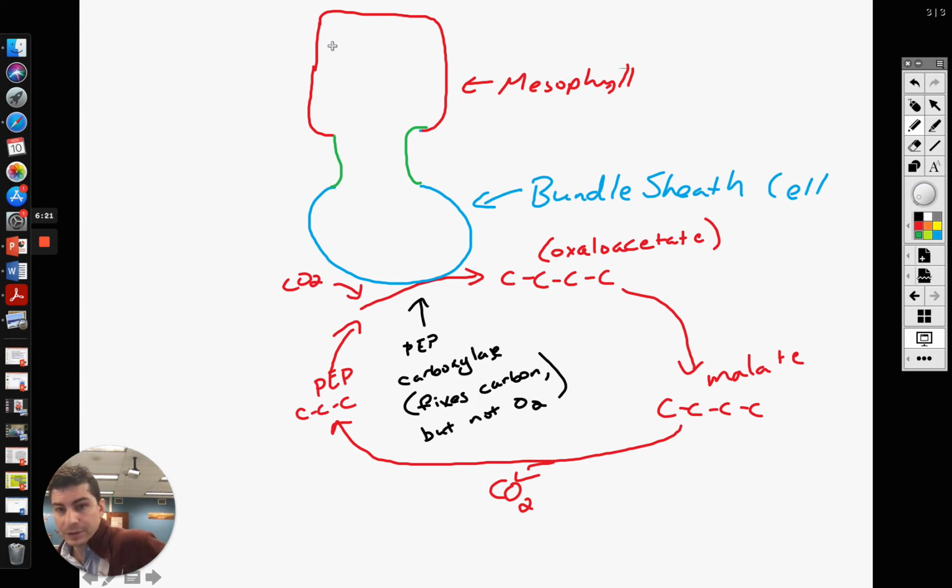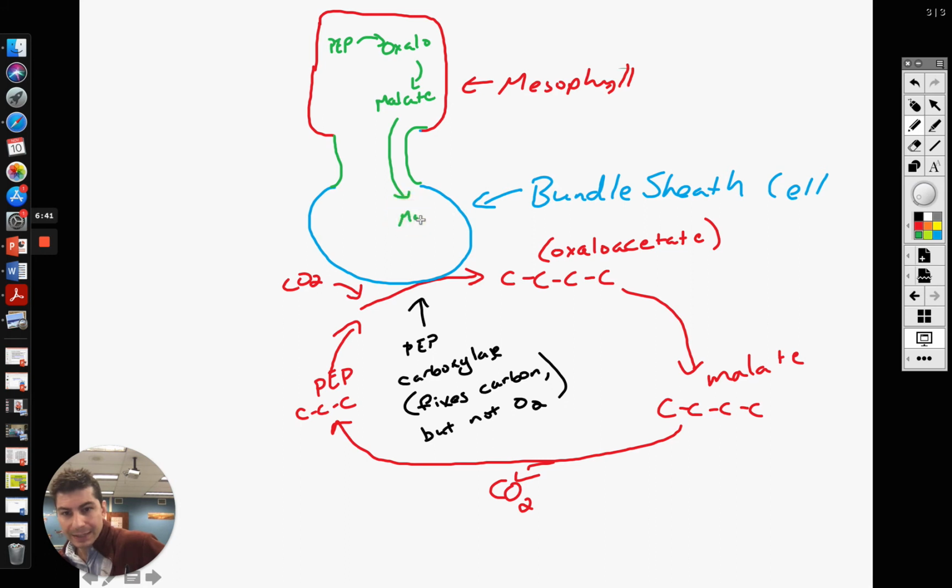So in our mesophyll cell, we're going to go from our PEP to our oxaloacetate to our malate. The malate is going to go to the bundle sheath cell.